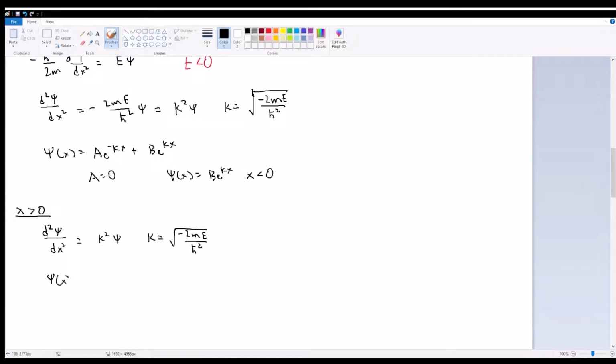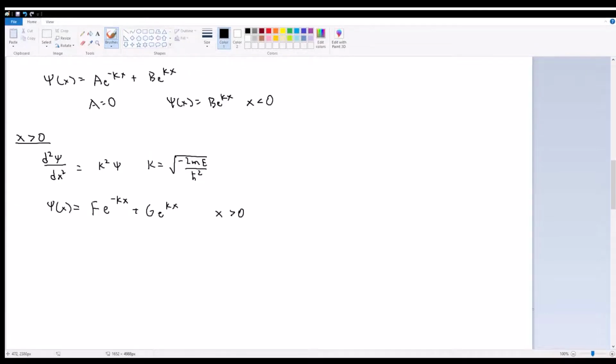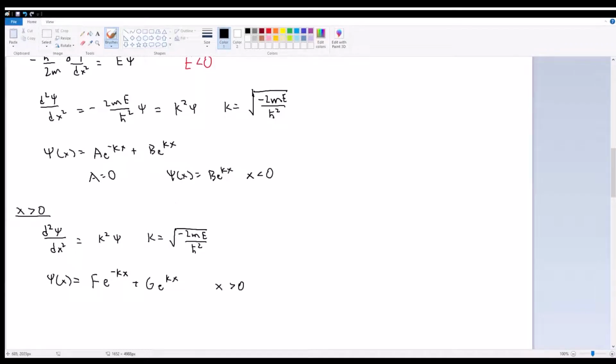Psi of x is going to equal, let's do f and g, f e to the negative kx plus g e to the kx, where x is greater than 0. And here, the opposite happens, where this g term is going to blow up to infinity as x goes to infinity. So automatically, we require that g has to equal 0.